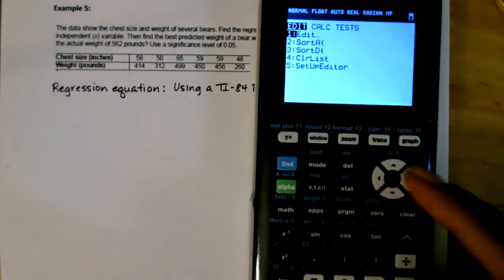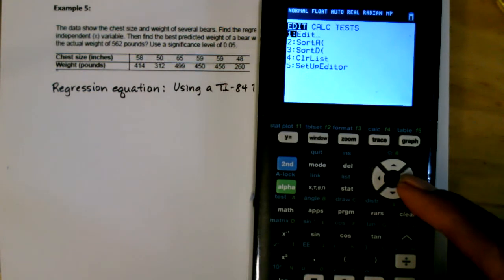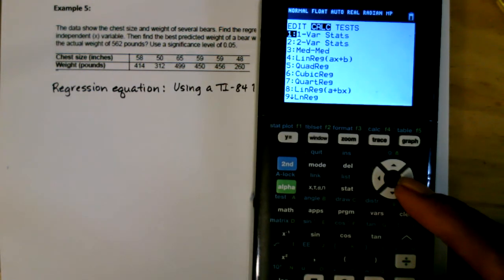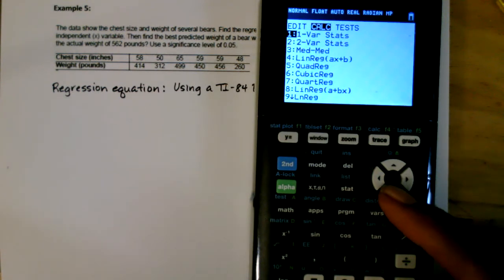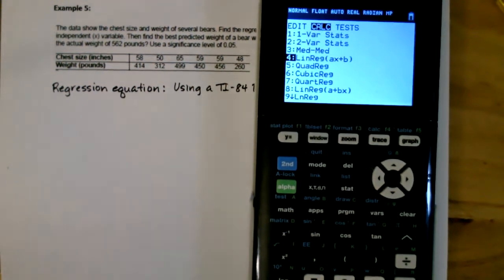Press the stat key. Right arrow one time to the calculate menu. Now, you're going to see this menu item that says LinReg AX plus B. Choose that. LinReg AX plus B. That's the one you will choose. And then hit enter.